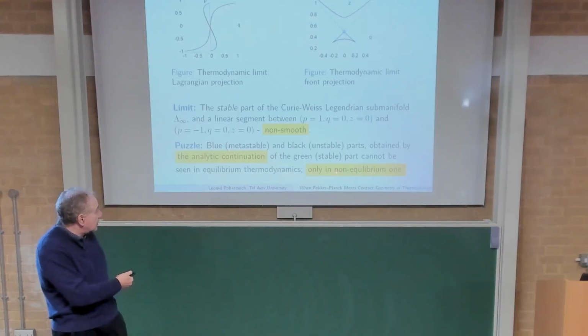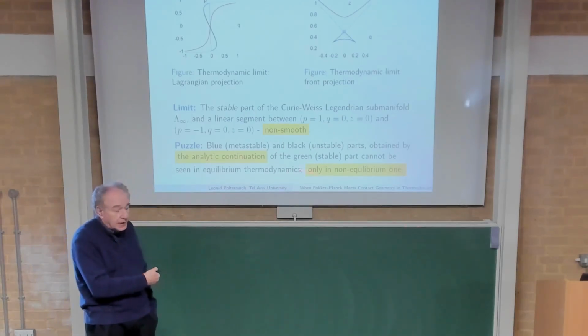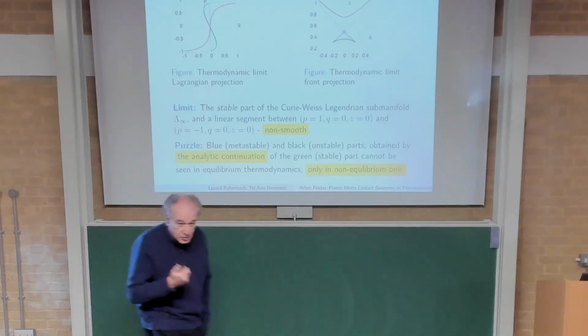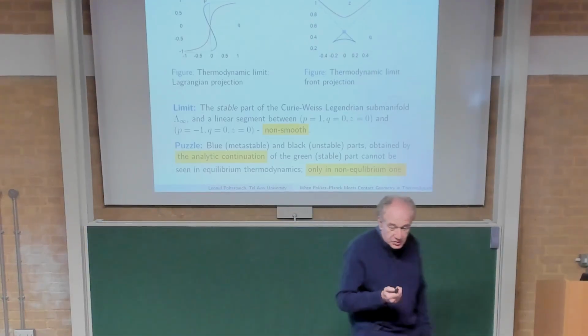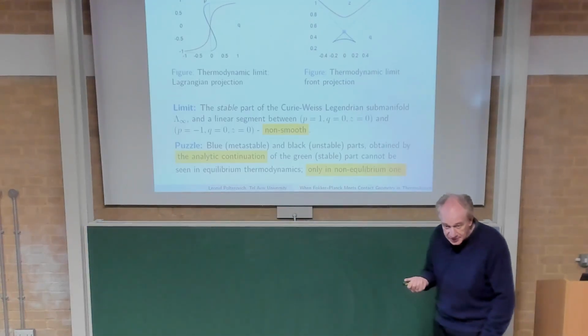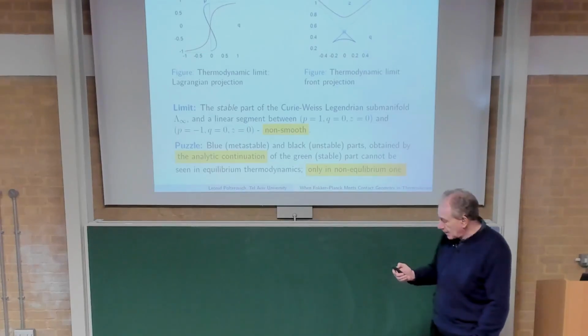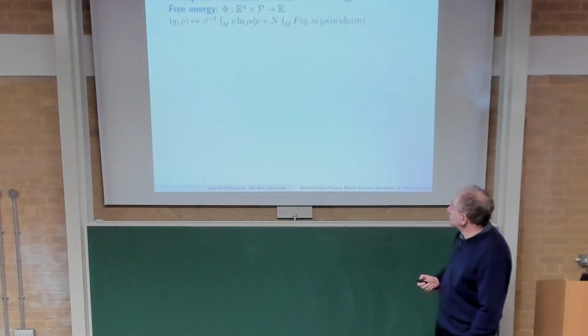Okay, and then the point is the following: in equilibrium thermodynamics you cannot see them, but in non-equilibrium you can. Okay, so now we will pass to a discussion of non-equilibrium thermodynamics, and I will return to these metastable branches. So, relaxation to equilibrium.